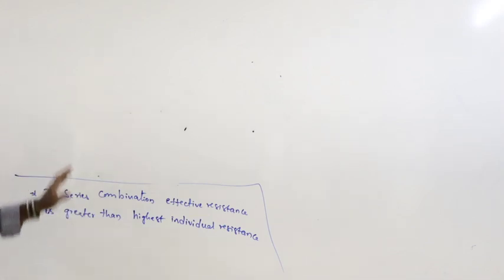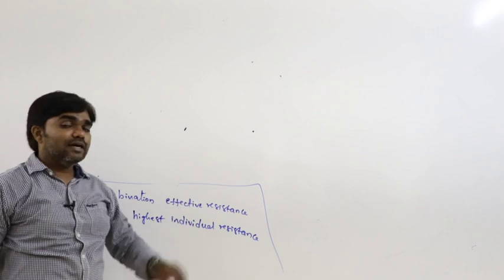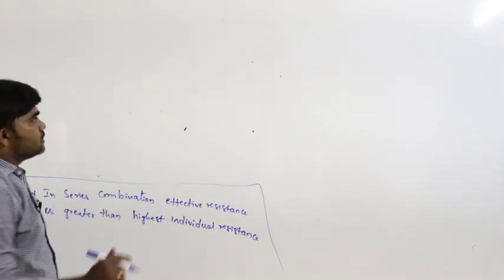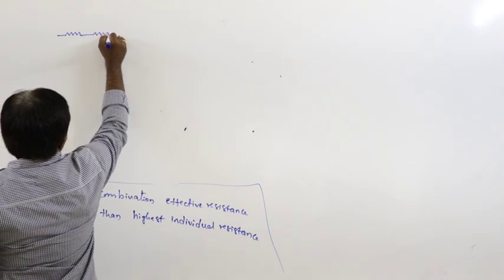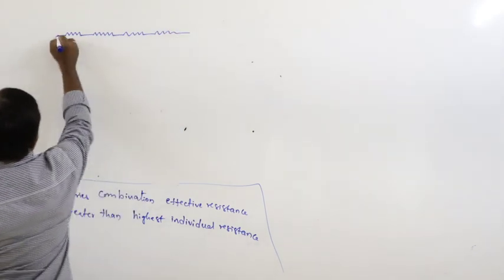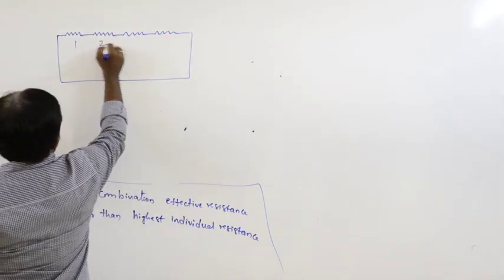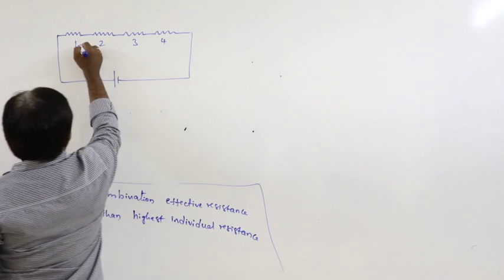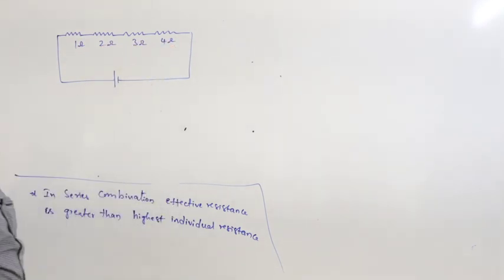In series combination, effective resistance is greater than highest individual resistance. So let us say 4 resistors are connected in series like this. Let us say 1 ohm, 2 ohm, 3 ohms, 4 ohms.